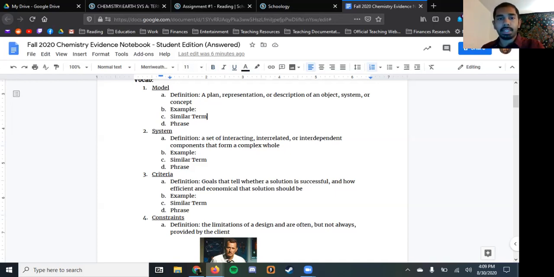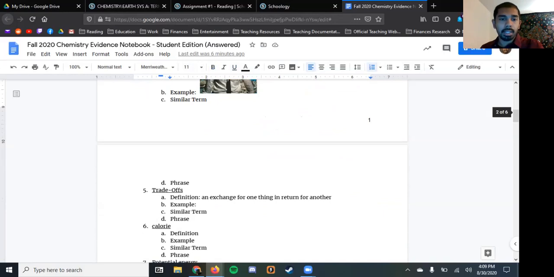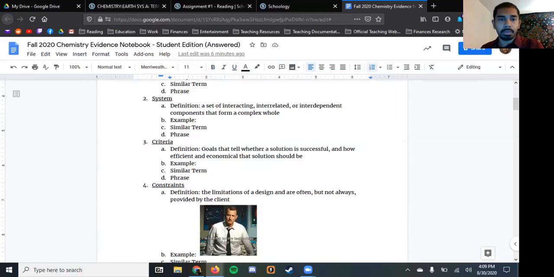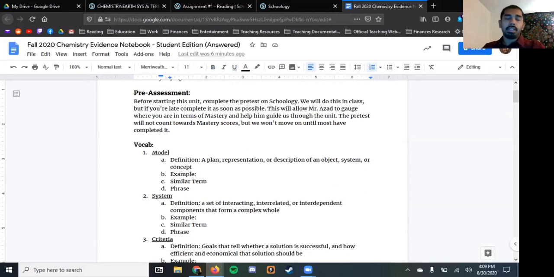But do have an example for model, an example for system, an example for criteria, constraints, and trade-offs. It could be a picture or a sentence. Now, the example for model, let's talk about it. We have a plan, a representation, or description of an object, system, or concept. That is a very broad definition. It is that way on purpose.